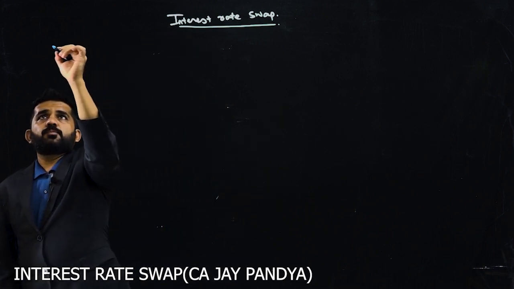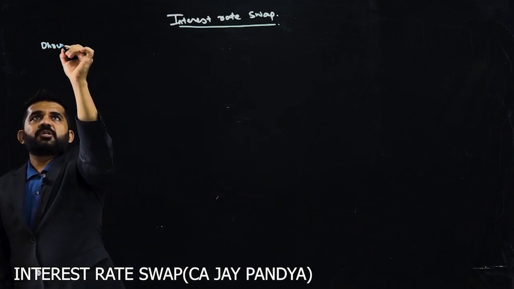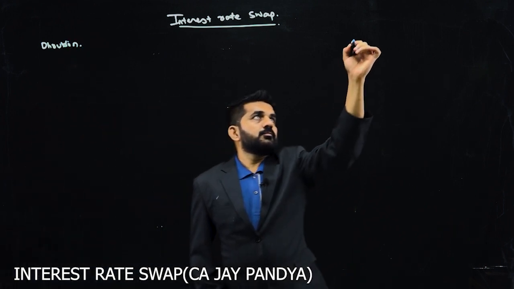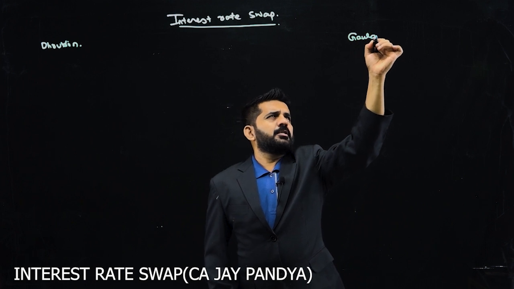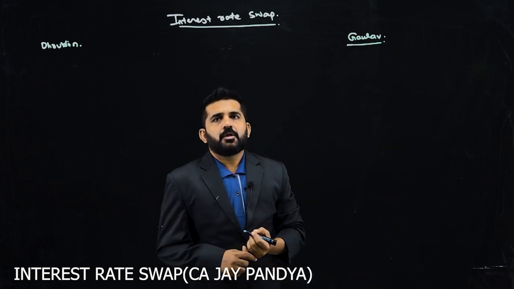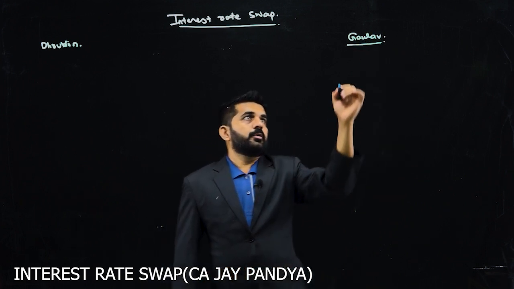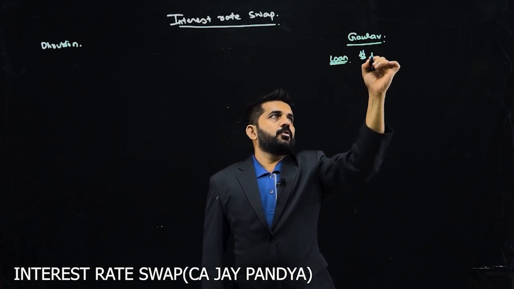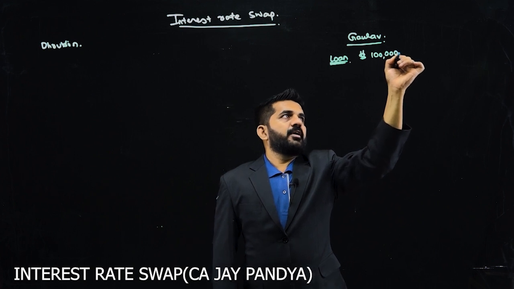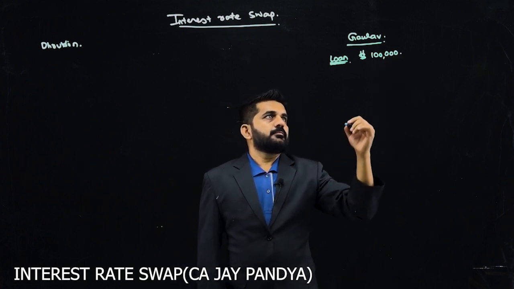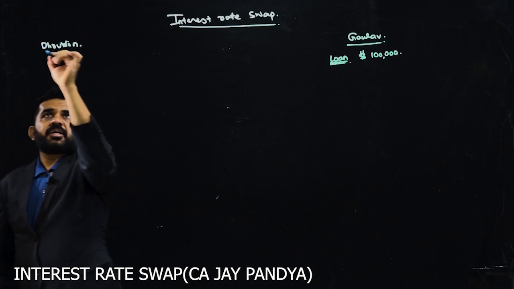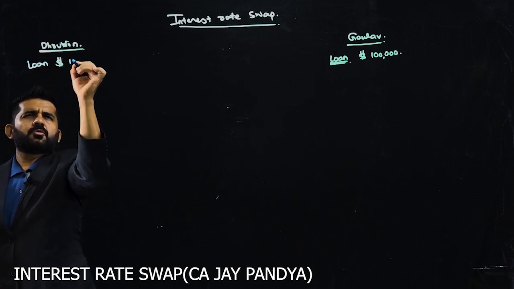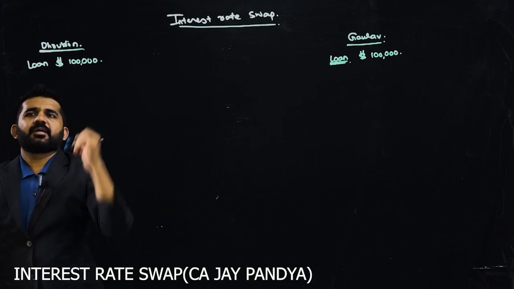So there are two parties. One is Mr. Dhruvin, another is Gaurav. Both have borrowed loan. Gaurav has taken a loan of say $1 lakh. Dhruvin has also taken a loan of $1 lakh.